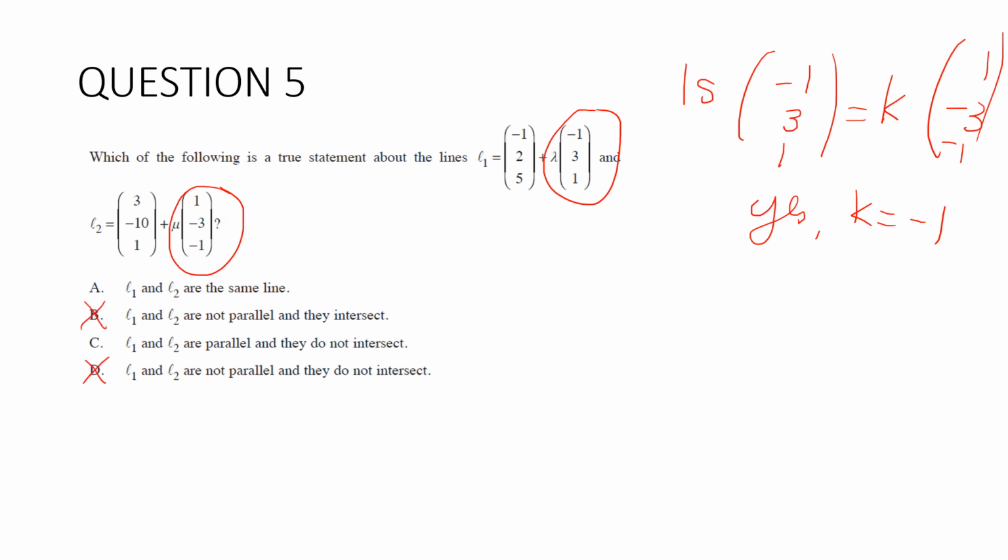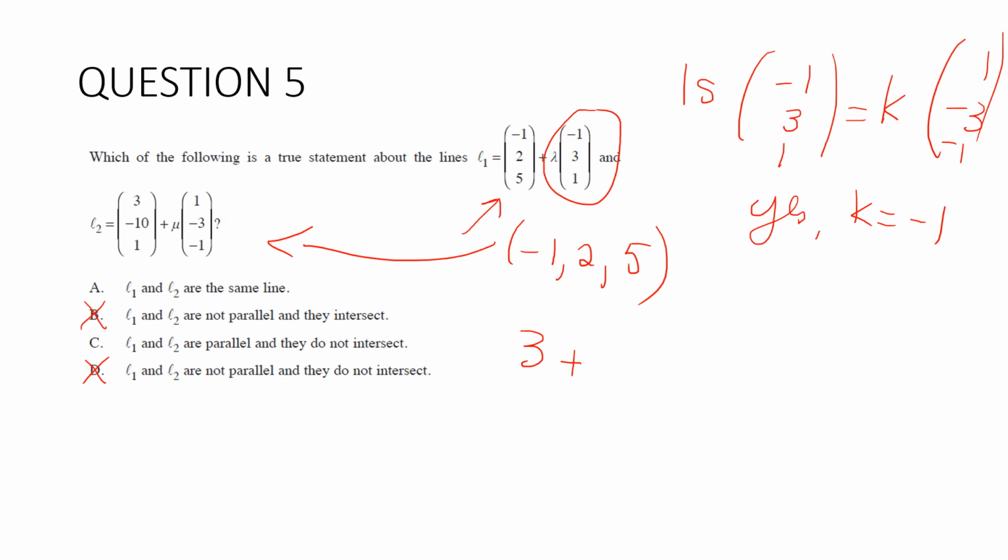The next thing we've got to determine is if they are the same line. And to do that, we'll take this point, (-1, 2, 5), and see if it lies on line L2. So let's start off by solving for the x coordinate. I'm just going to rub out that so you can see it. So, reading across the top here, 3 plus mu is equal to -1. So in other words, mu is equal to -4.